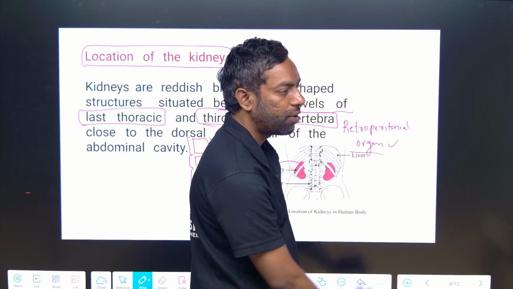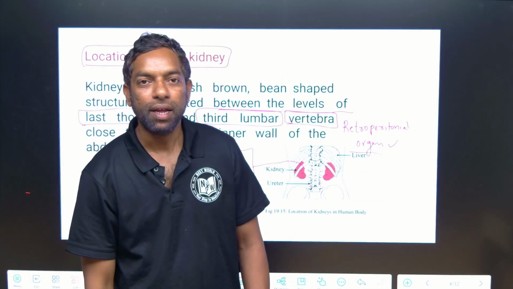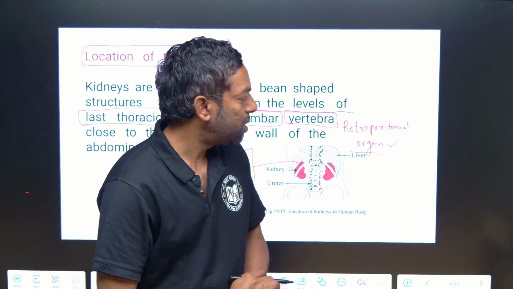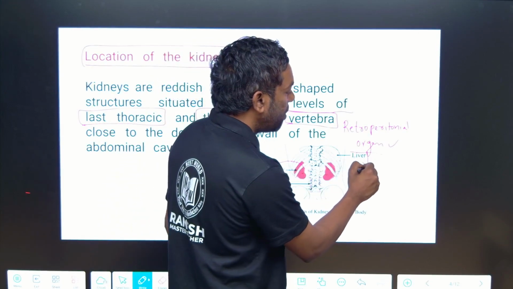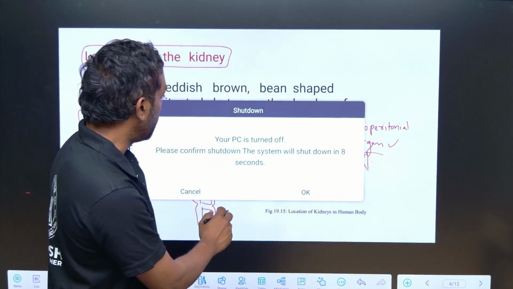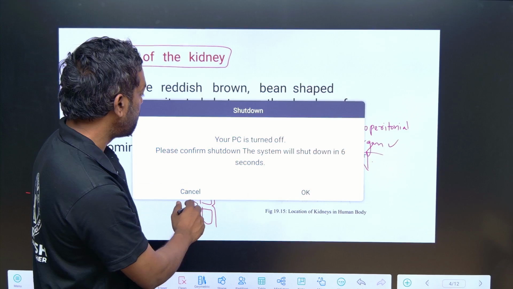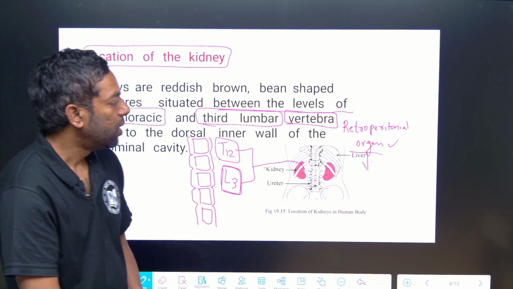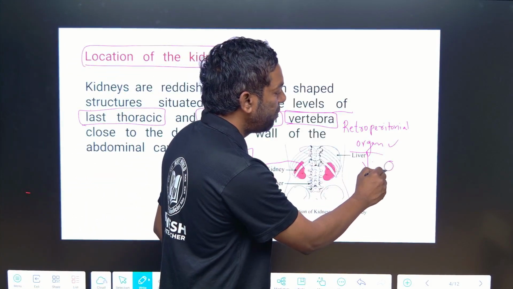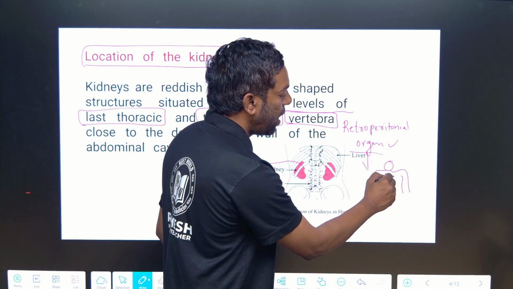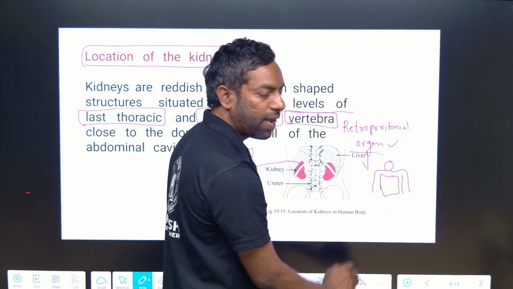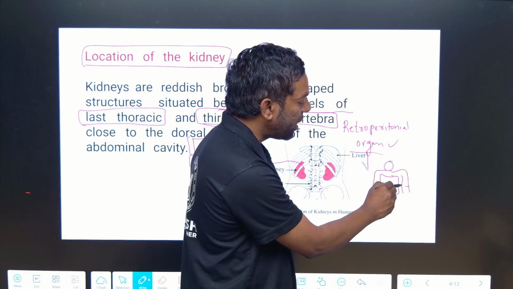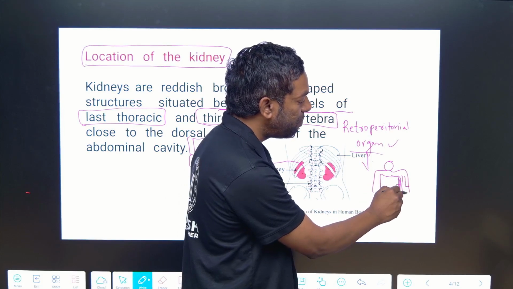What is a retroperitoneal organ? We have the parietal peritoneum and the visceral peritoneum. Between the body wall and the body cavity, the coelom, the layers are the visceral layer and the parietal layer.